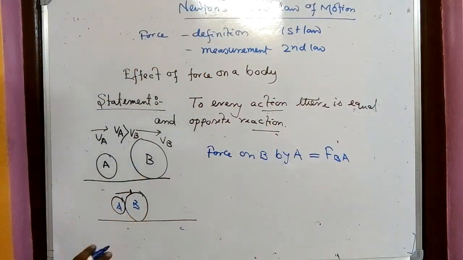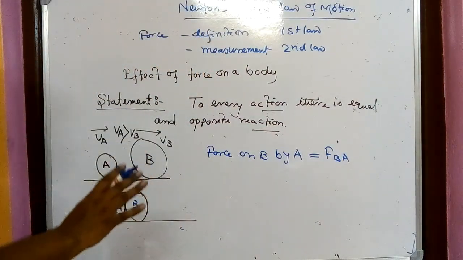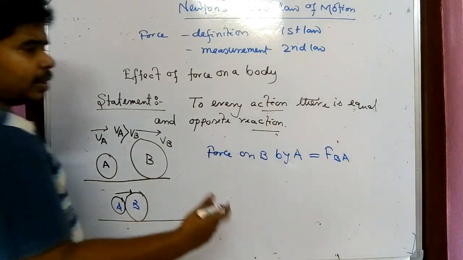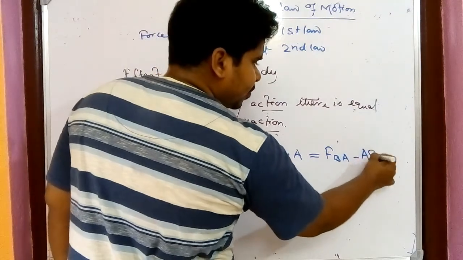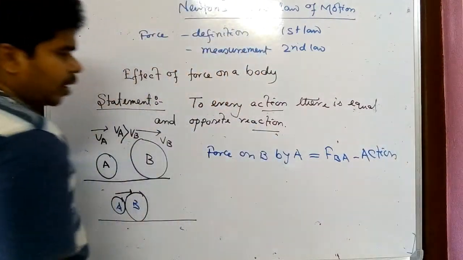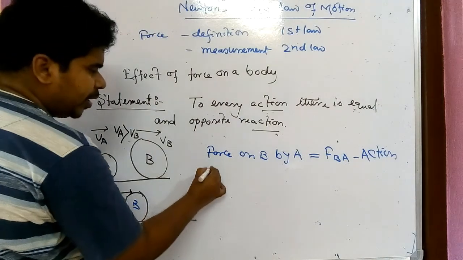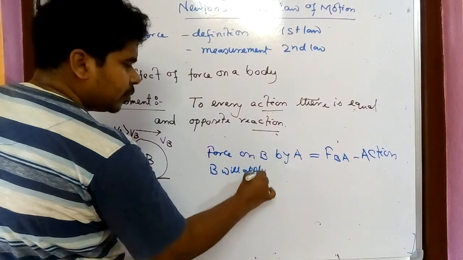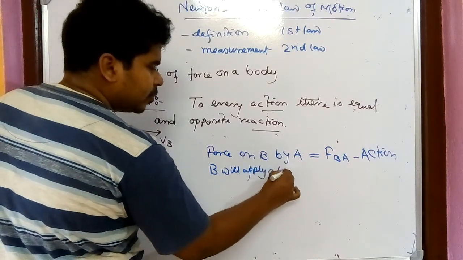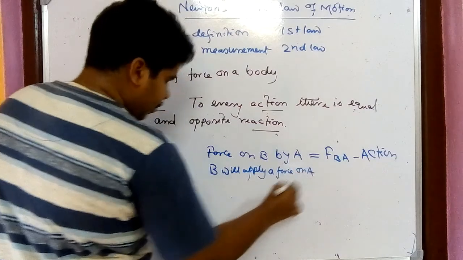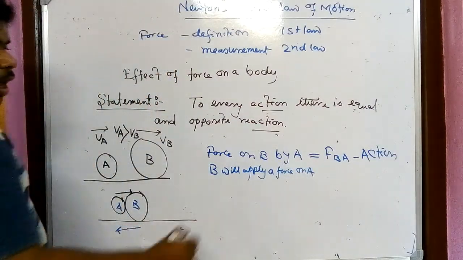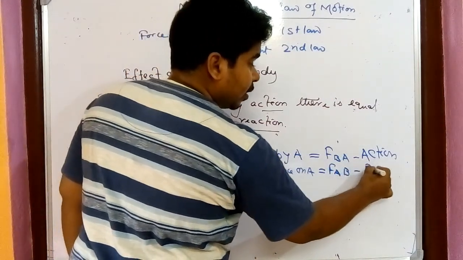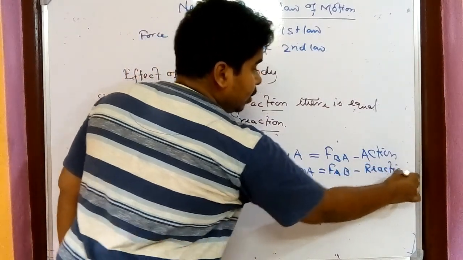FBA means force on B due to A, and that is your action. For that reason, B will apply a force on A. That should be a reaction, and that is FAB, known as the reactional force.